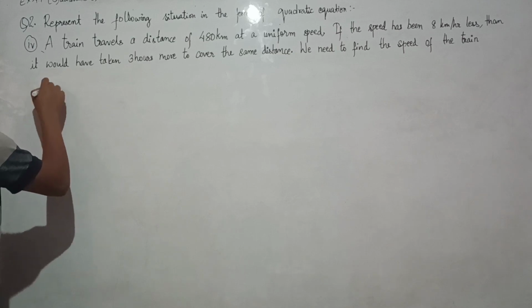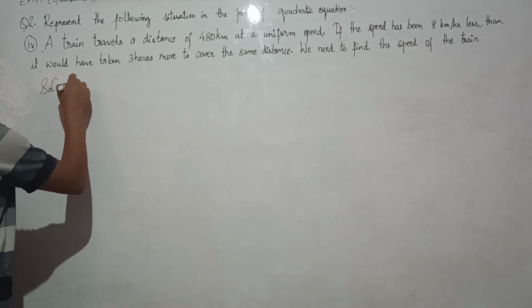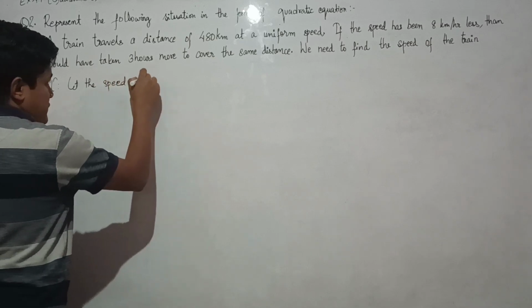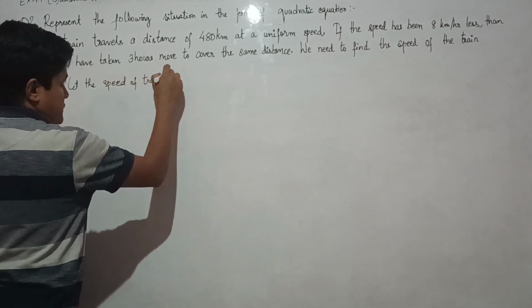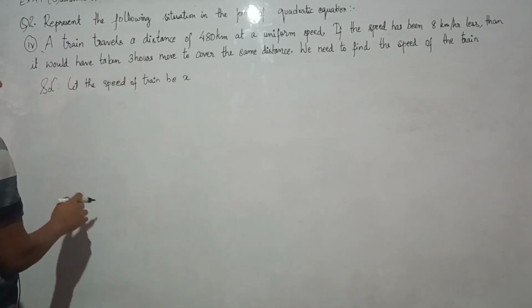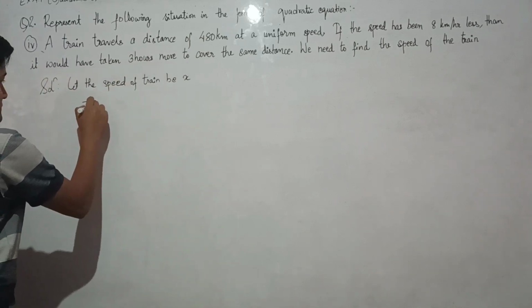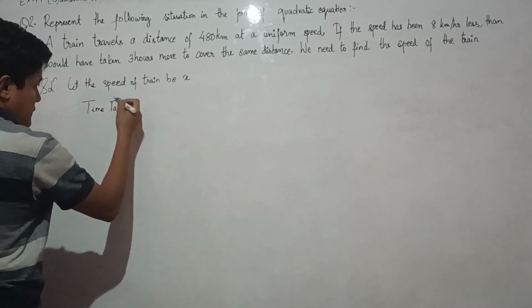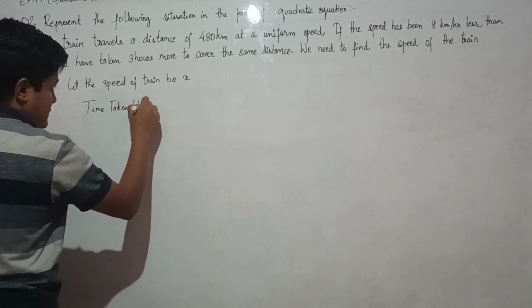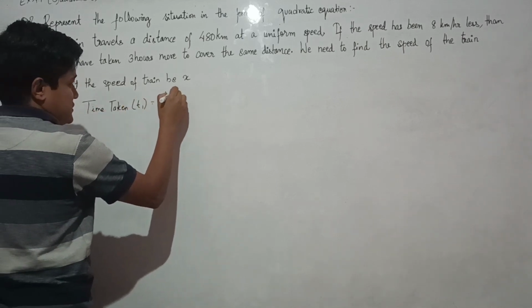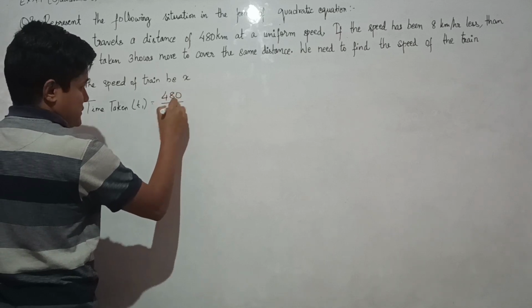So solution: let the speed of the train be x. Then the time taken, let us say t1, equals distance by speed.